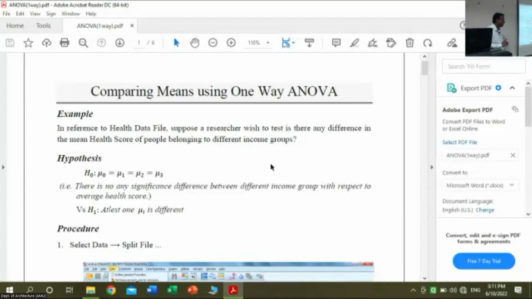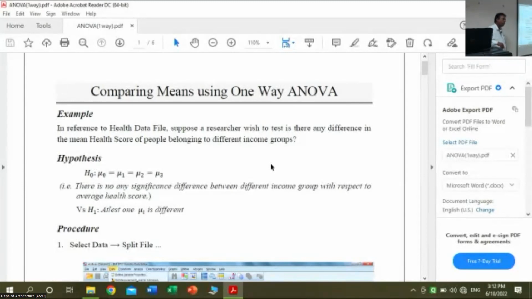So in our data file, we created the health data file, and there are three categorical variables. One is gender, one is monthly income, then locality. All these are categorical variables.